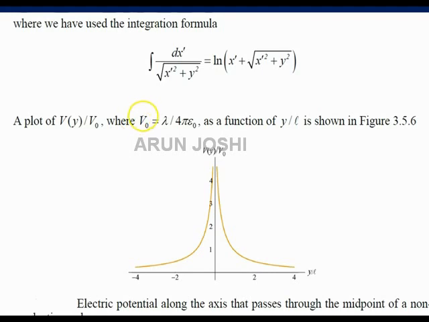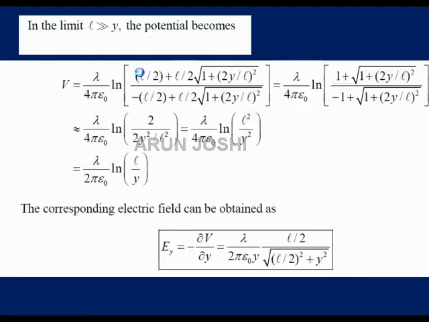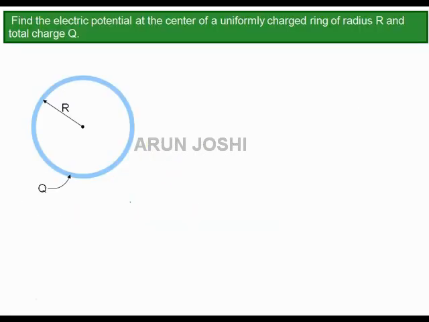We are using this formula frequently, so please keep in mind ln mod x plus root x square plus y square. So up to the last slide you are supposed to do it, then you can think, if L is greater than y, then this is the expression, you please try to solve.